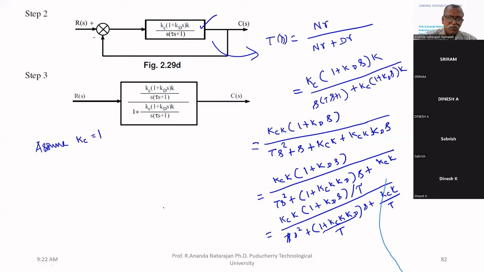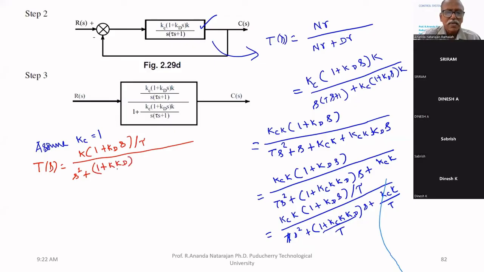Only derivative controller means what you will get, the closed loop transfer function T of S becomes, Kc equal to 1, K multiplied by (1 plus Kd S) upon S square plus (1 plus Kd) by tau multiplied by S plus K by tau, because Kc equal to 1.